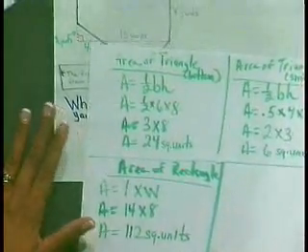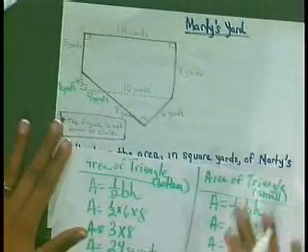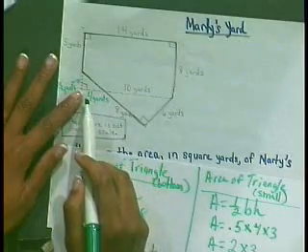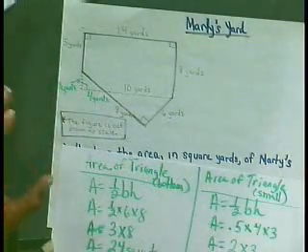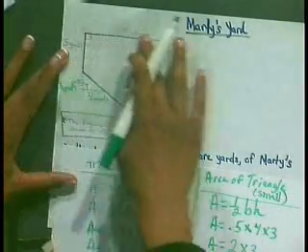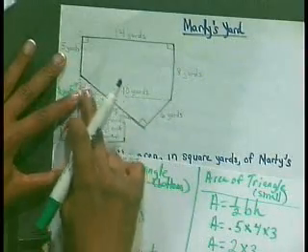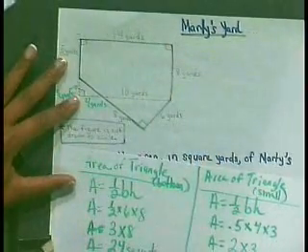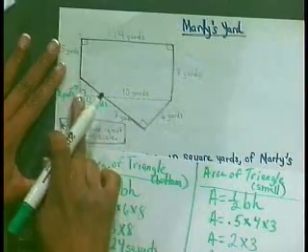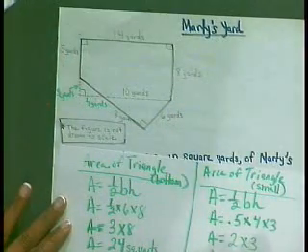Now we have all the areas of the shapes that comprise our composite figure. This smaller triangle is kind of an imaginary portion of Marty's yard, although it's in the bolded aspects, so that we can find the area of the rectangle. Let's add all the areas for the smaller triangle, larger triangle, and rectangle.